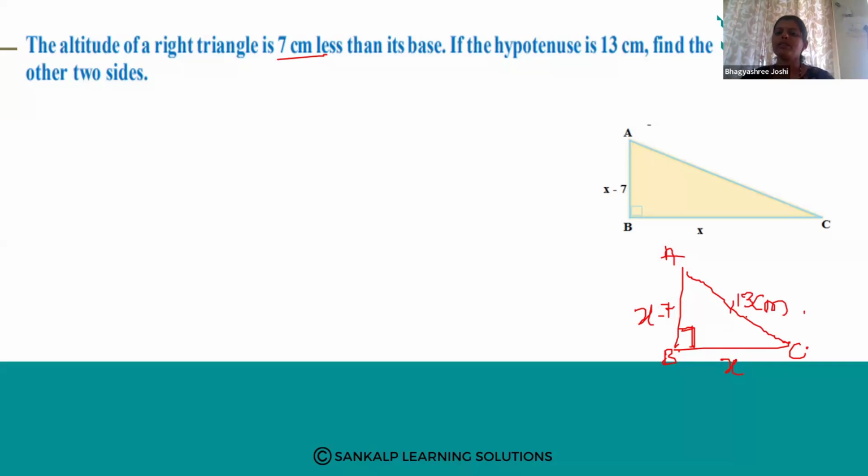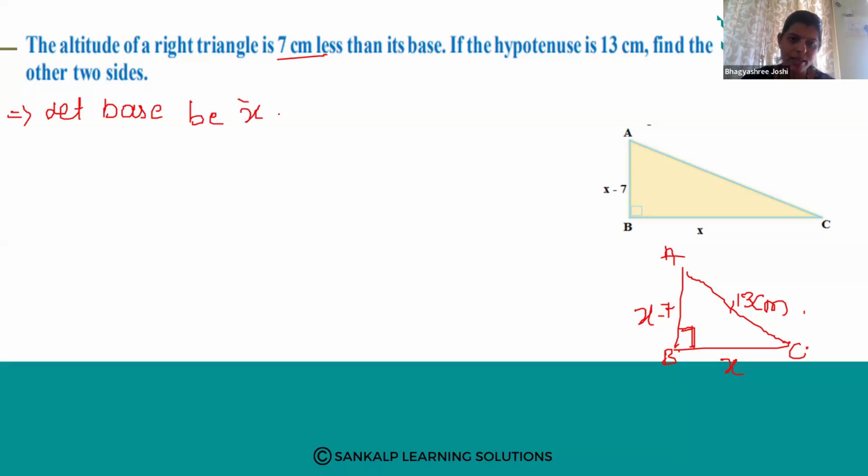That means we need to find out the value of x, right? So here one right angle triangle is there and we know the hypotenuse value and we need to find out the other two sides. So which theorem are you going to apply? That is Pythagoras theorem. Yes or no? Yes. So now let base be x.